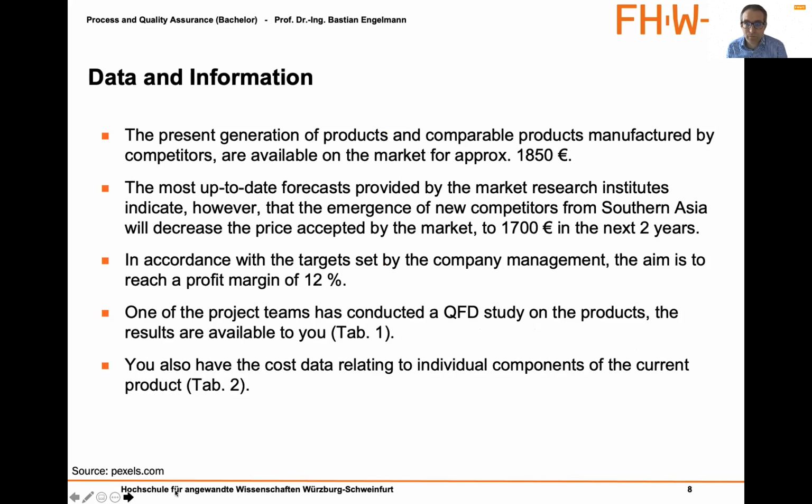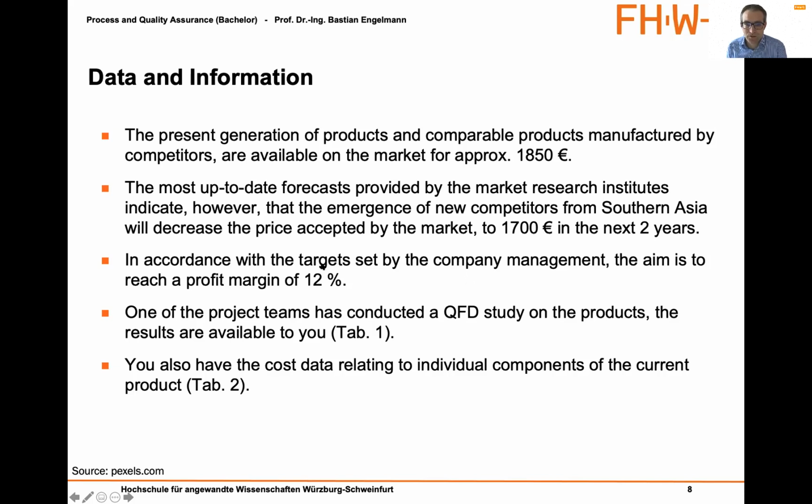Here's a little bit of text information, and what is written here. The current generation of products comparable to ours on the market cost at the moment 1,850 euro. There are forecasts that because of new competitors from Asia, the price will drop to 1,700 euro.